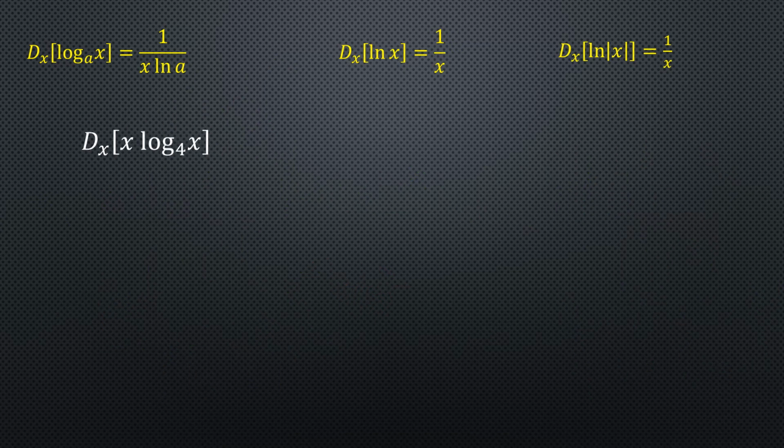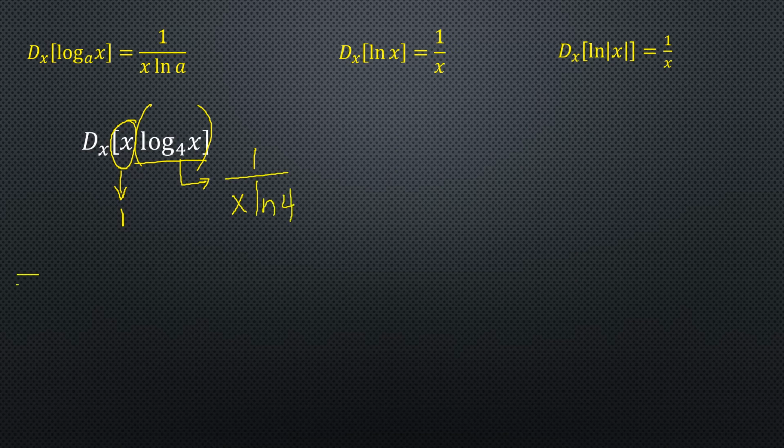So on this example, we are going to use the product rule. Remember that x logarithm of x to the base 4 is actually the product of x and the logarithm of x to the base 4. Therefore, we're going to get the derivative of x, and that is simply 1, and get the derivative of the second factor, that is logarithm of x to the base 4, which is 1 over x ln of 4.